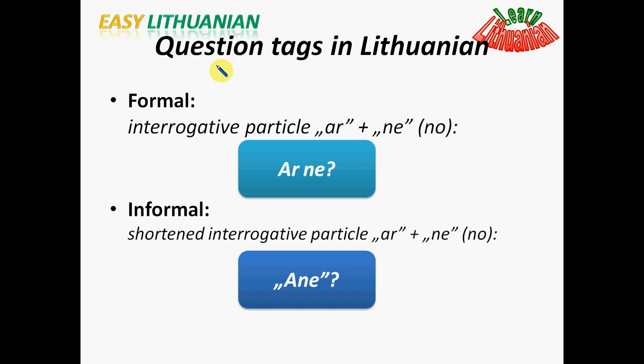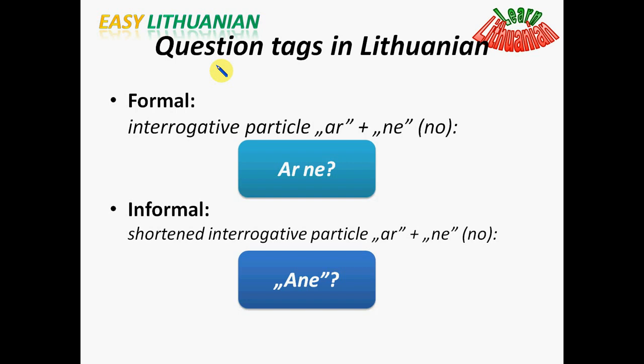Basically they are used to ask for agreement, because if you say something, you want to make sure that you are saying it right, or that the person you are talking to agrees with your opinion or your statement. Or you just want to engage in a better conversation, so the other person responds when you are talking.